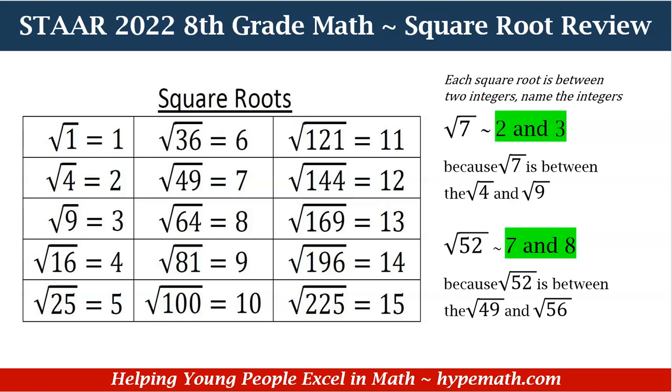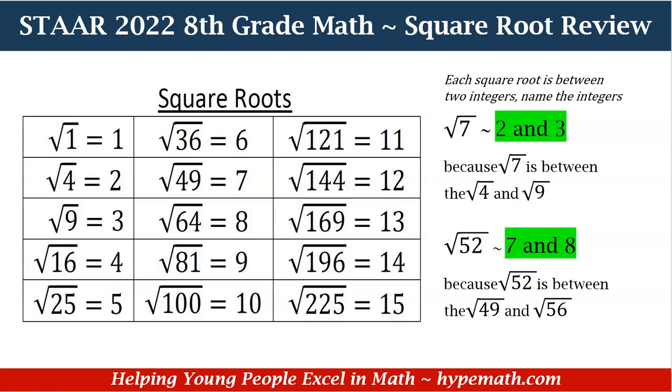For instance, the square root of 1, of course, is equal to 1. The square root of 4 is equal to 2 because 2 to the power of 2, or 2 squared, or 2 times 2, all of those things mean the same thing, is equal to 4.